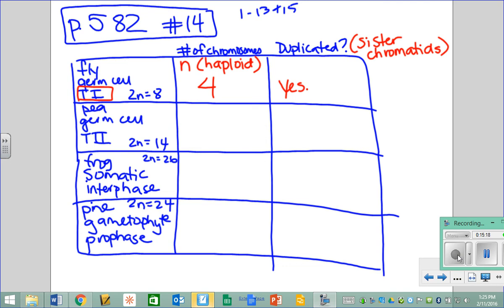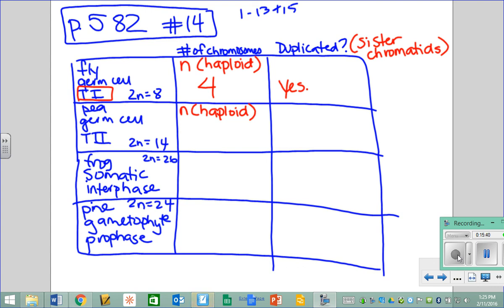Now my second question is very similar. It's for the P cell, still a germ cell, but this time we're looking at telophase II. After telophase II, the cell will definitely be haploid. So meiosis I reduces the number of chromosomes. Meiosis II does not.